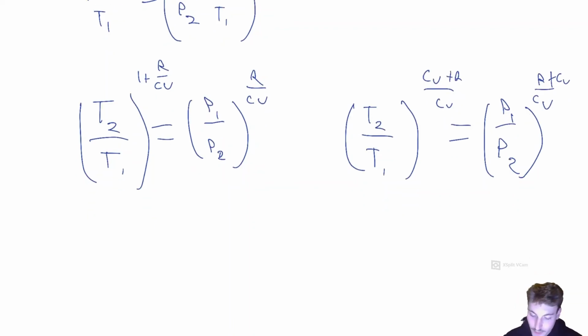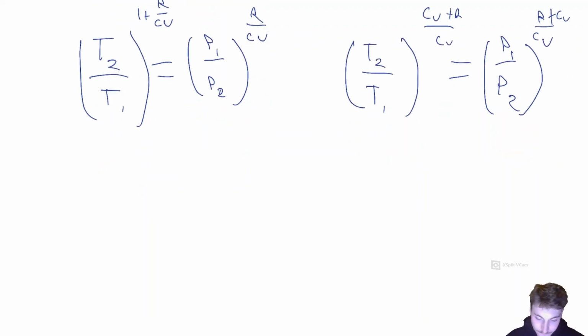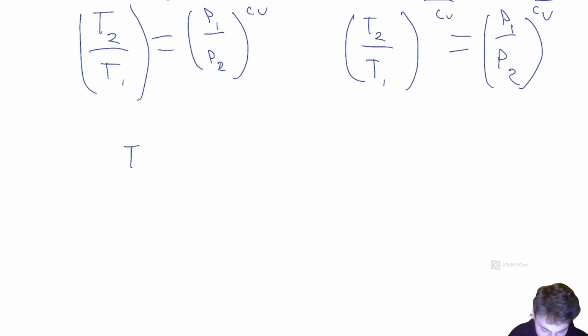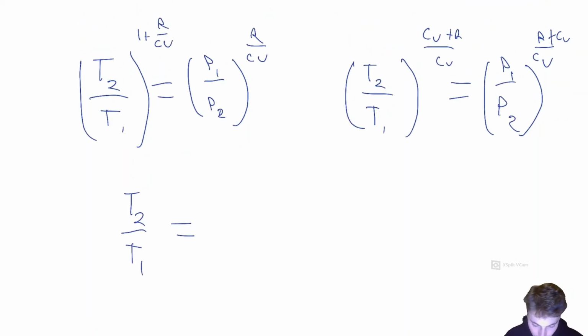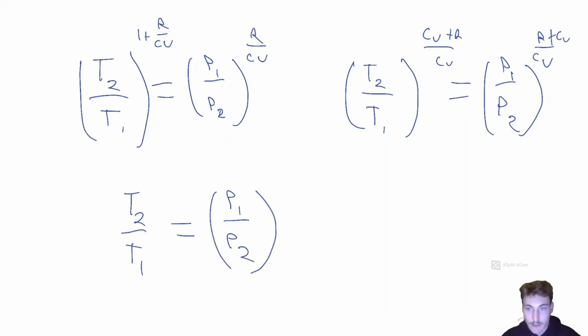And then we can multiply by the reciprocal of these again and just get temperature 2 over temperature 1 is equal to P1 over P2. And then we'll be multiplying this by CV over CV plus R, so then this will cancel out up here.